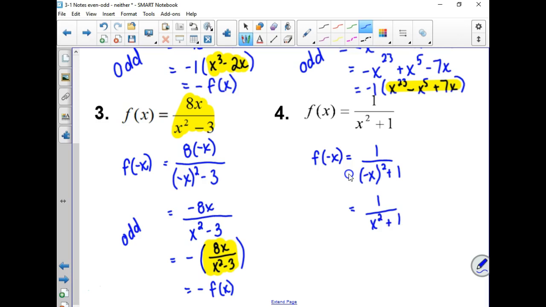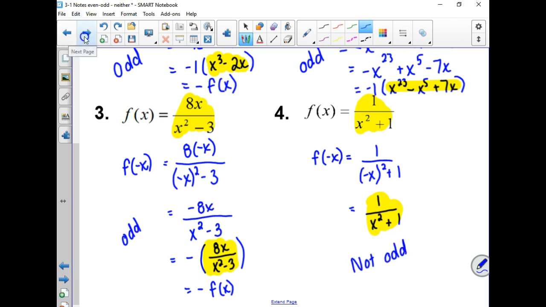So what I see here is that what I started with, 1 over x squared plus 1, is the same as what I ended with. I don't have any opposite signs here. So this one is not odd.